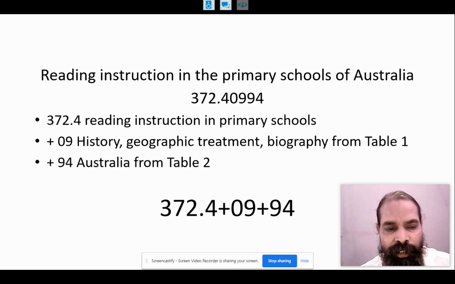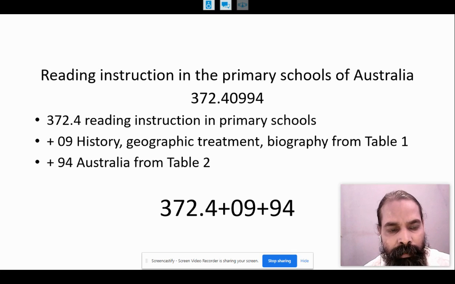One example we will see now: reading instruction in the primary schools of Australia. The number is 372.40994. Now, the 372.4 represents reading instruction in primary schools. So this is a kind of instruction, that is reading instruction in primary schools.